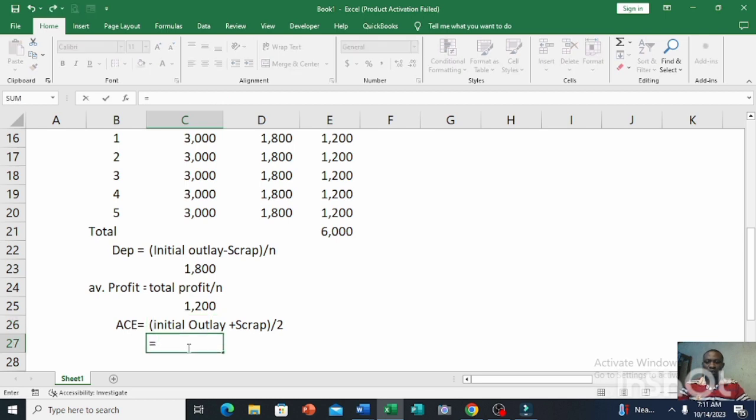So in this case, what's our initial outlay? Initial outlay is 10k. Either write the 10k, please. Plus scrap of 1k divided by 2. We're going to have 5,500.